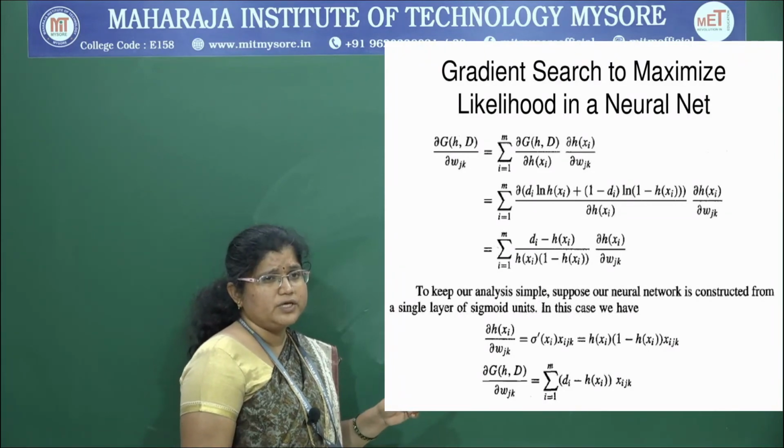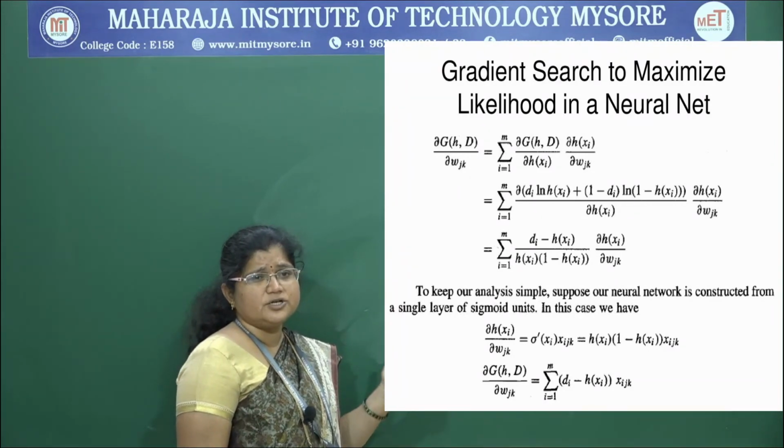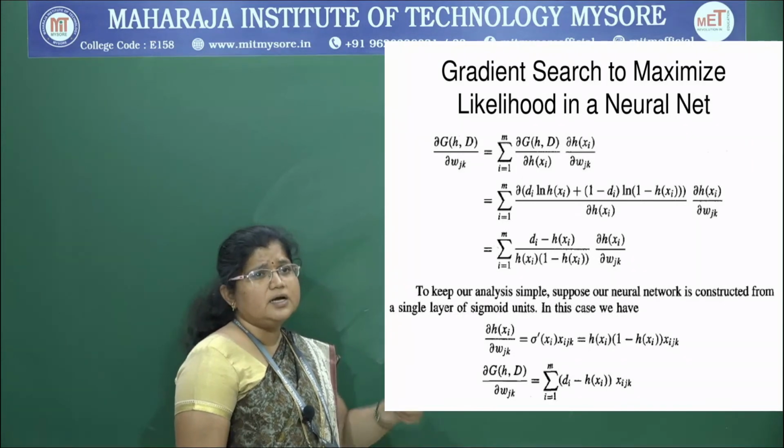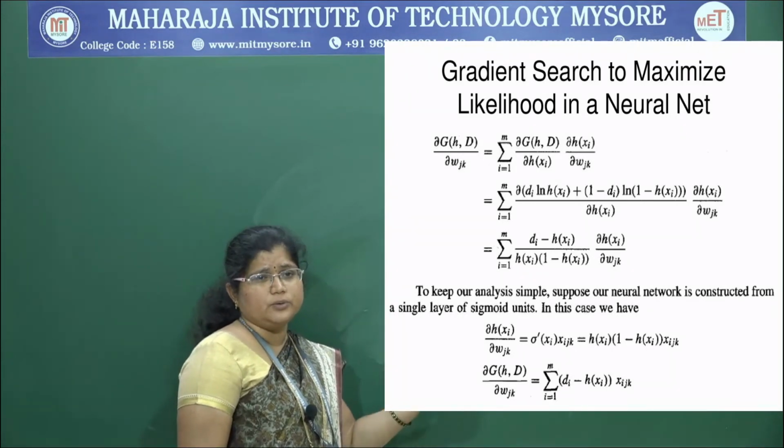What we are supposed to do is replace the complete G of h comma d by the maximum likelihood equation.